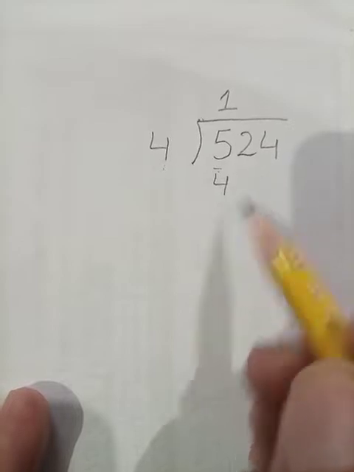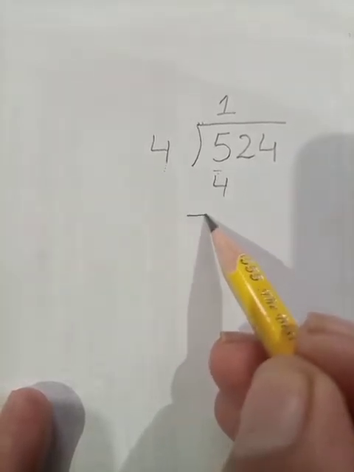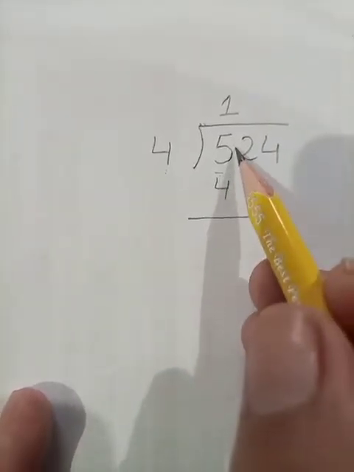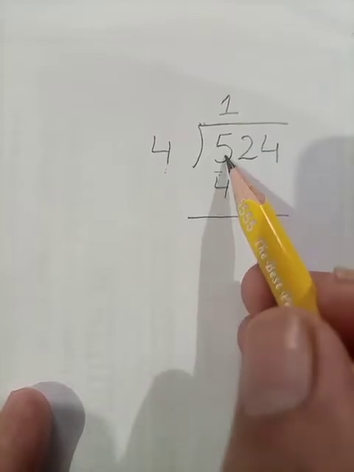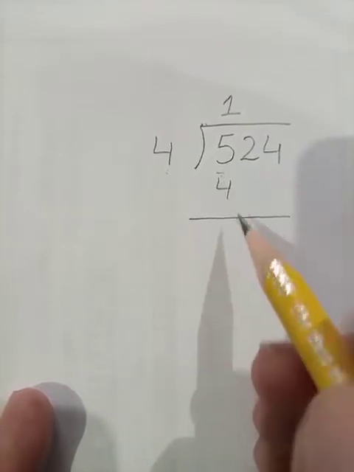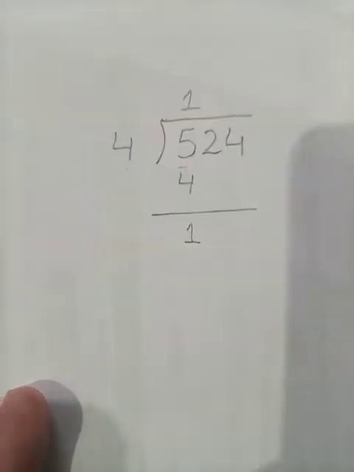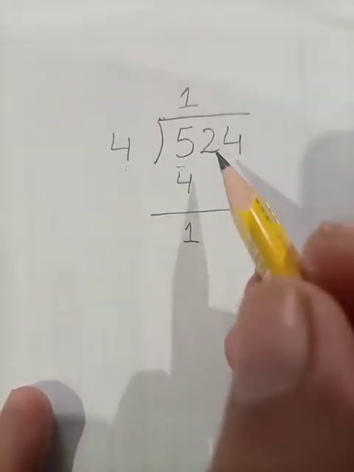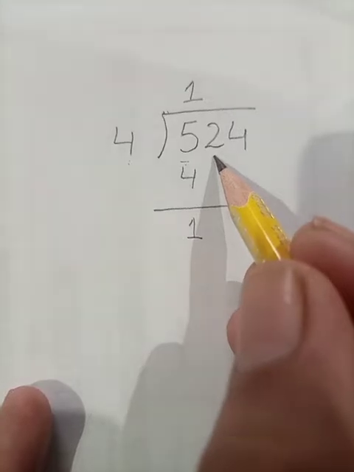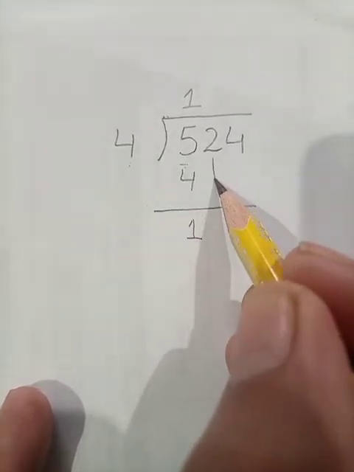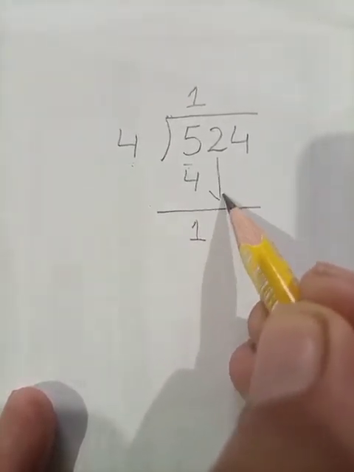Tell me the next step. Yes, the next step is subtraction. I am going to subtract this 4 from the 5. So I am left with the remainder, that is 1. Now in the next step, here is my tens. I am going to take my tens down here. Okay.